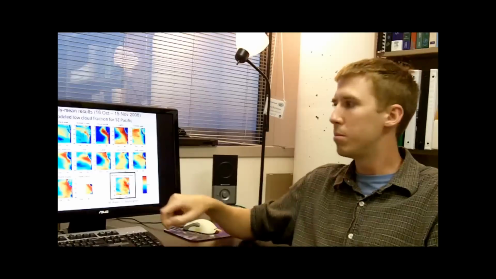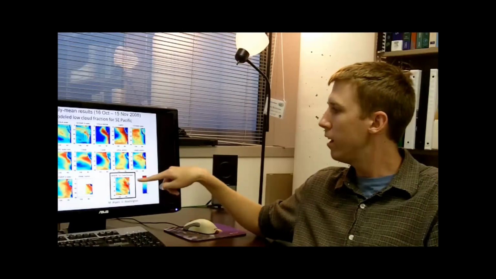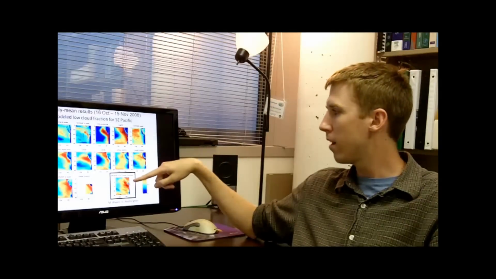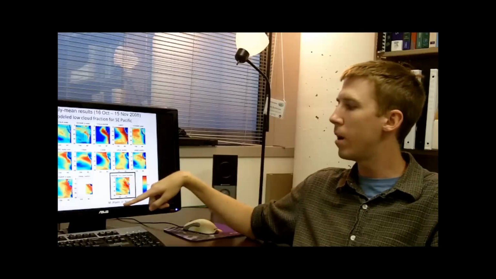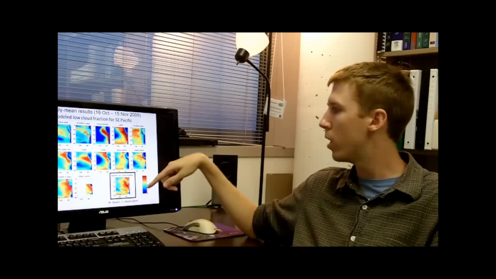So one way to look at this is to see how our global climate models do at capturing the radiative impacts of these low clouds. And in order to get the radiative impacts right, they have to get the cloud fraction right. So if you take the bottom panel down here as the truth, this is from a satellite, a MODIS satellite shot done by Matt Wyant at University of Washington.